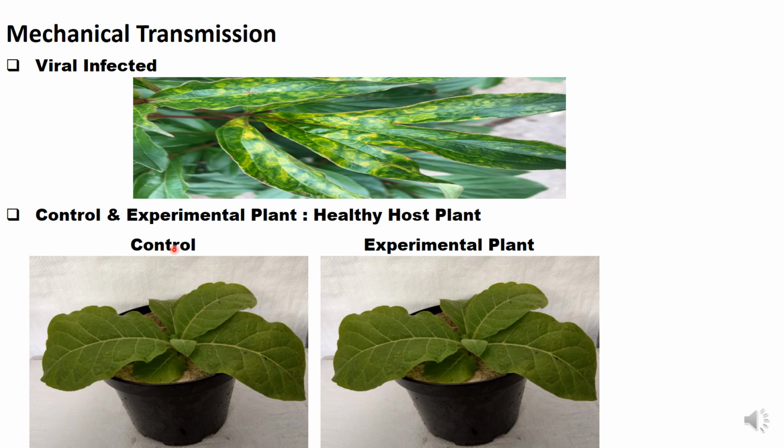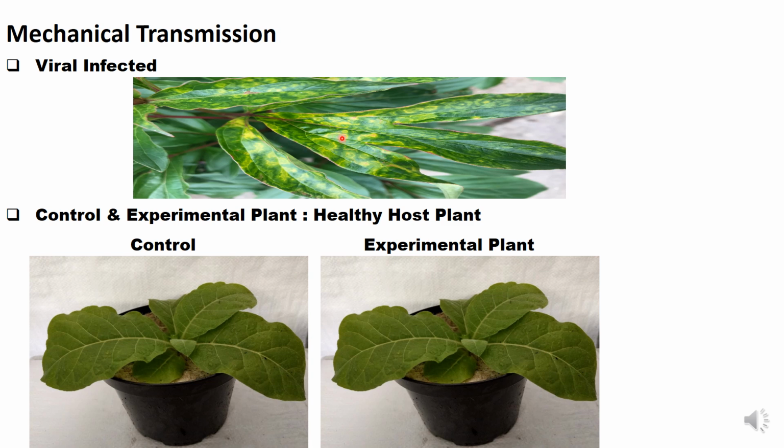One we call the control, and the other we call the experimental plant. These two plants must be the same in every aspect, for example genetically and age-wise, and must be grown under similar conditions to get authentic results. So these three are the prerequisites.